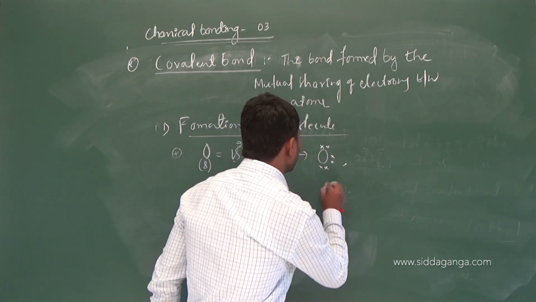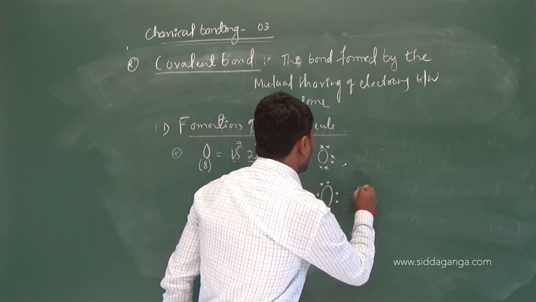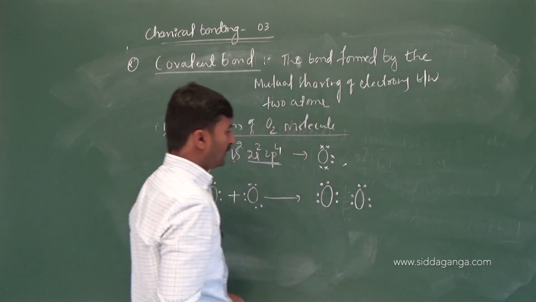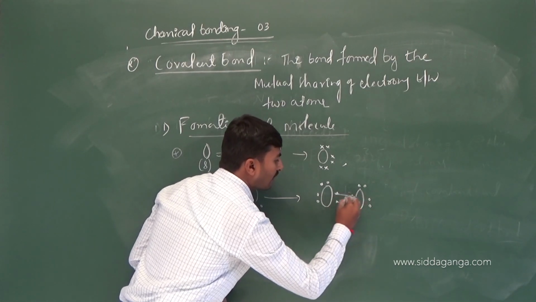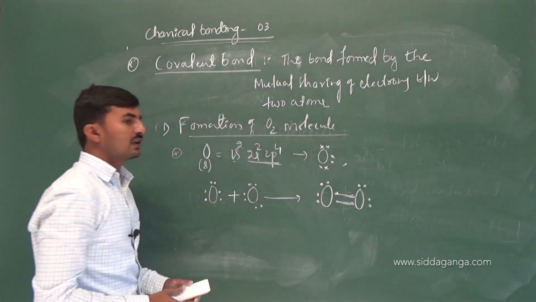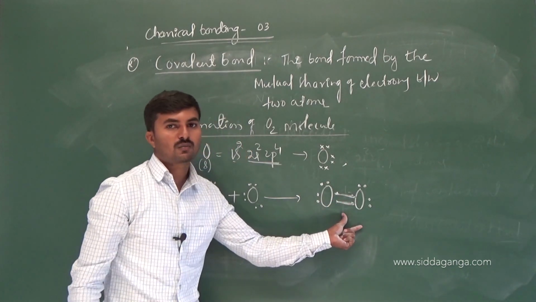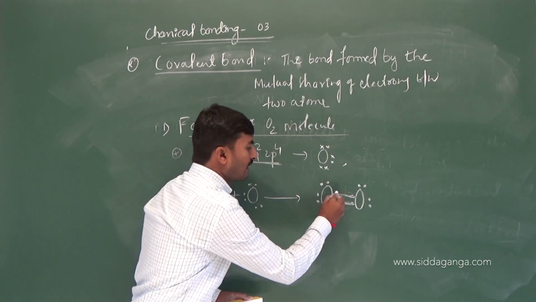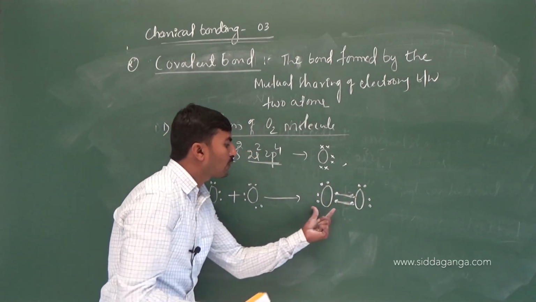Okay, 1, 2, 3, 4, 5, 6. In order to get the stable electronic configuration, two covalent bonds are generated between the oxygen atoms. Now count the number of electrons. As I already told, these bonded pair electrons are shared by both the atoms.